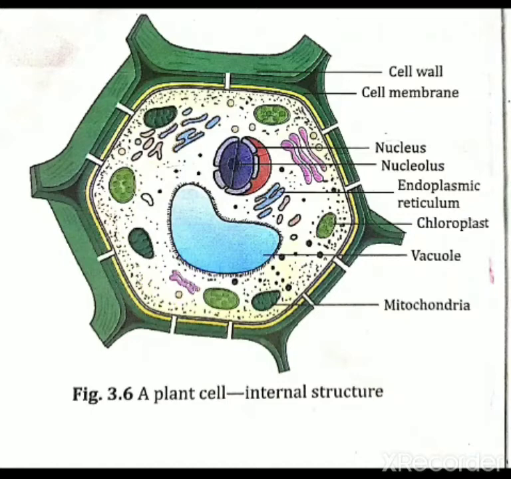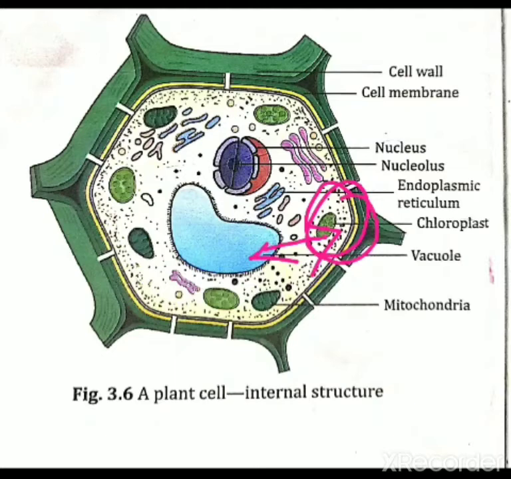A vacuole stores excess water, pigments and waste products. I think you are confused between vacuole and chloroplast. Remember, the chloroplast is the green colored plastid where the chlorophyll is there.